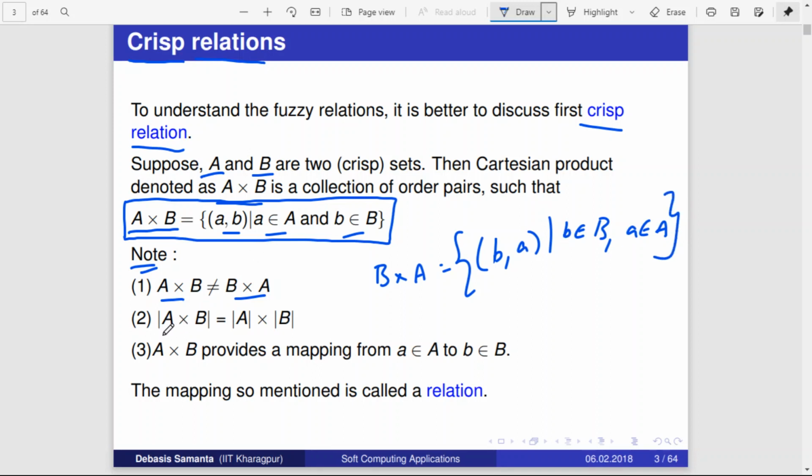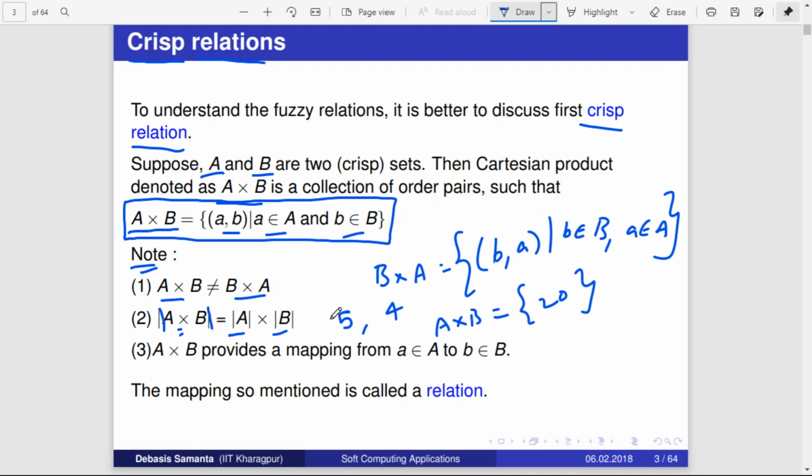The number of elements in A cross B is equal to the number of elements in A times the number of elements in B. That is, if set A contains 5 elements and set B contains 4 elements, then A cross B will contain 20 elements.